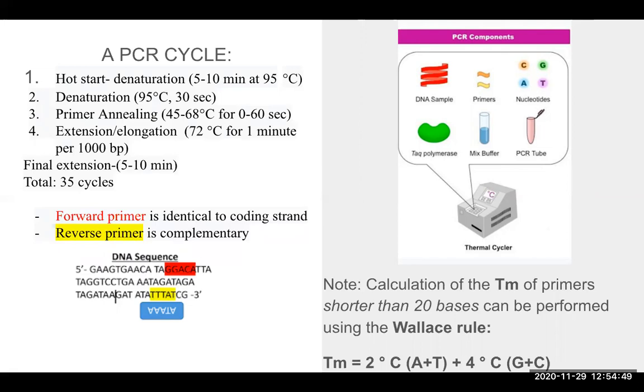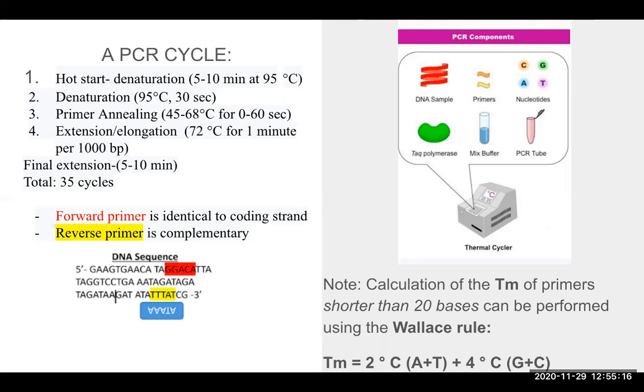And I know you went through this in class, so this should be review. And then the third step is you're gonna be annealing the primers that we mentioned before to your template DNA. And using the principles of DNA replication during the extension step, you're just gonna extend the primers that already annealed to your original DNA sequence.